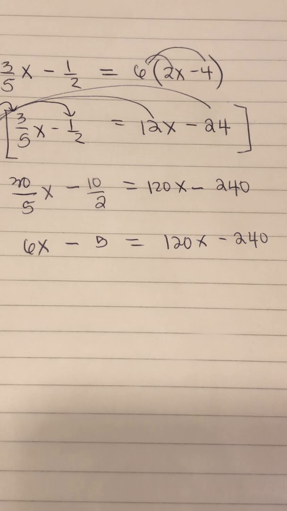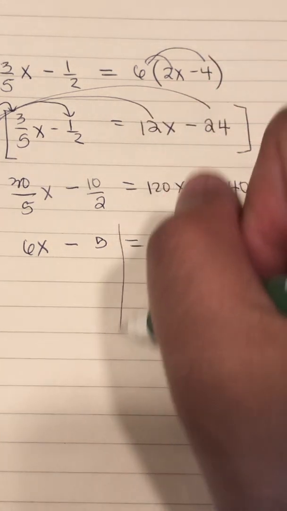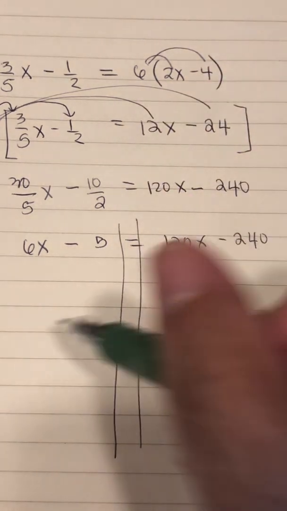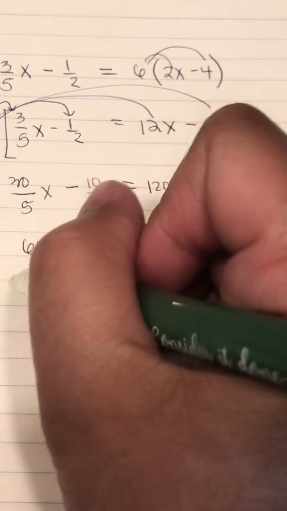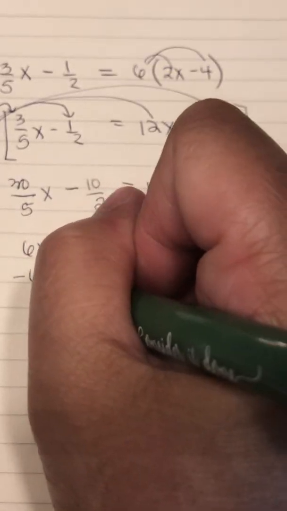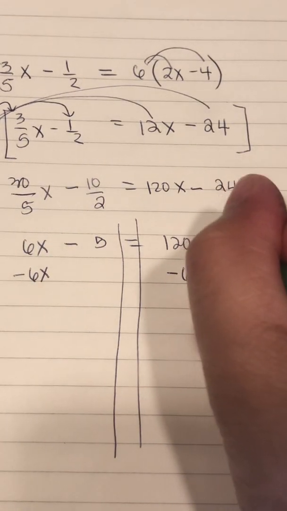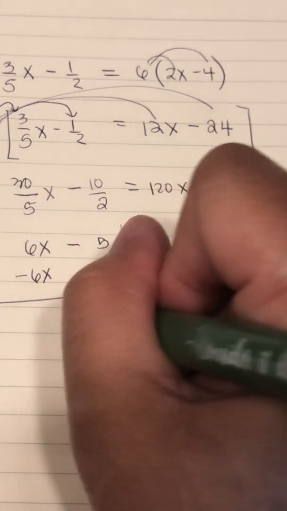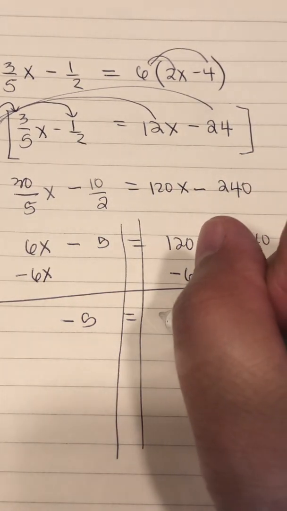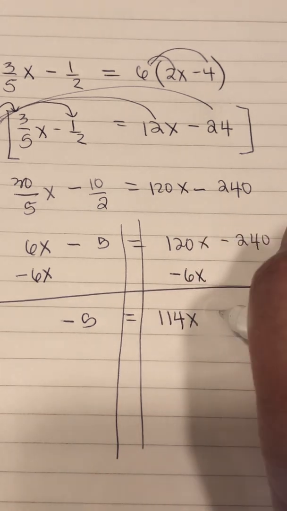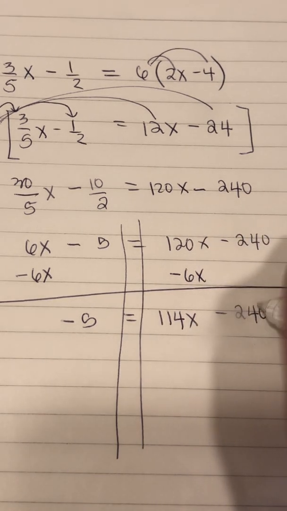All right. Now, are there any terms that we can combine on each side of the equation? There's nothing. So I'm going to get rid of one of the x's. I want to get rid of the 6x here. So minus 6x here. I have negative 5 is equal to 114x minus 240.